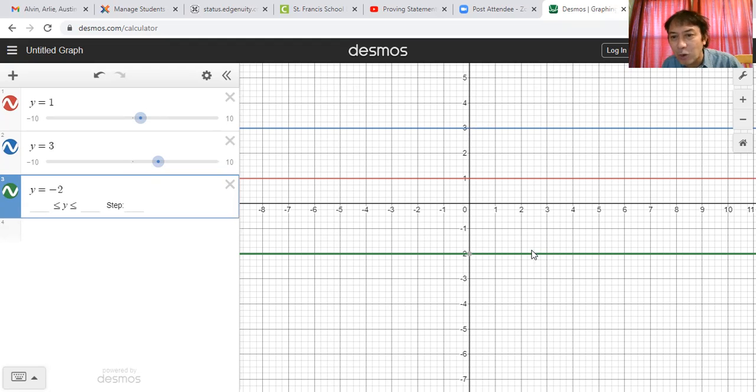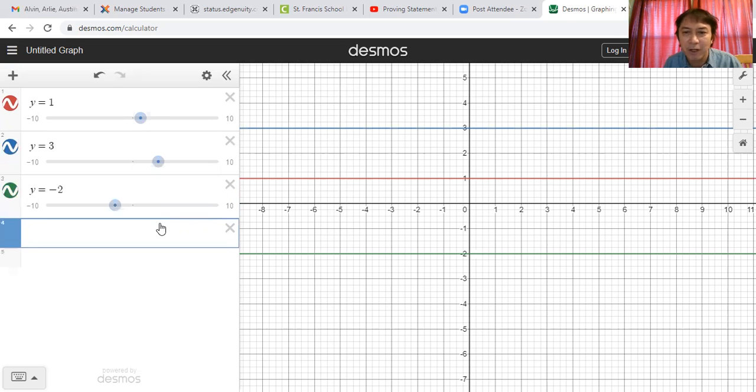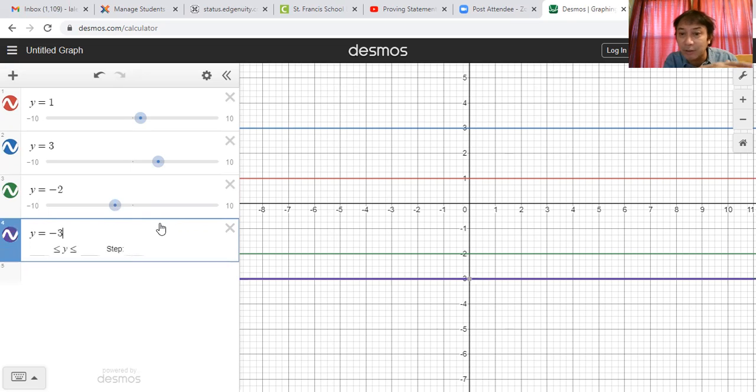A point here is (2, -2). A point here is (5, -2). So the y value is always -2 there. That's why the name of that line is y equal to -2. And y equals -3 is another horizontal, the violet line, and it passes through the intercept (0, -3).